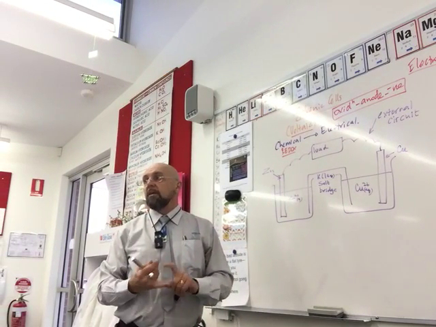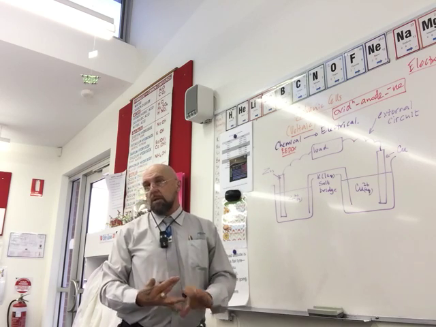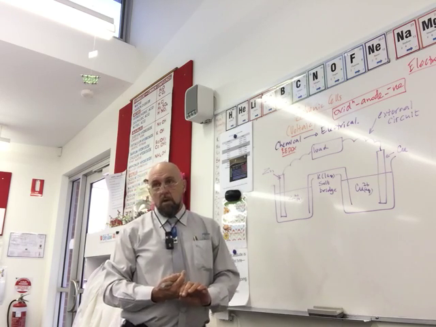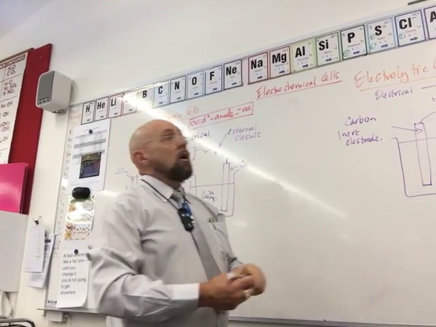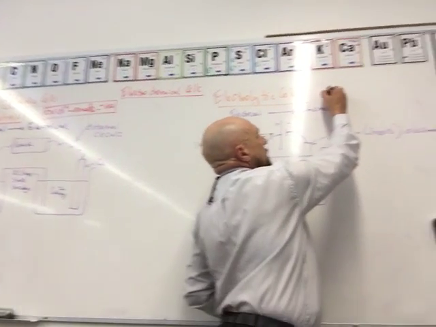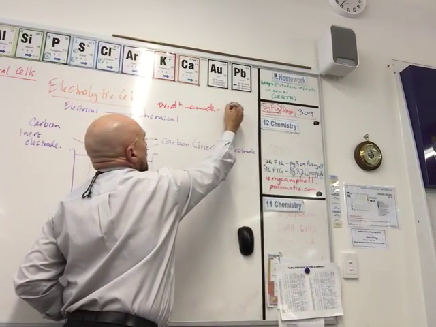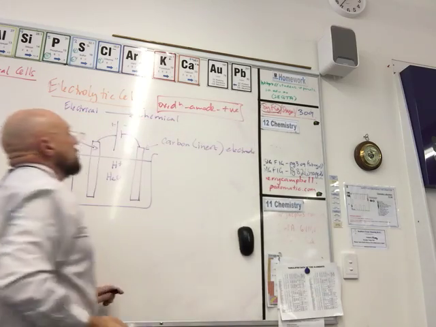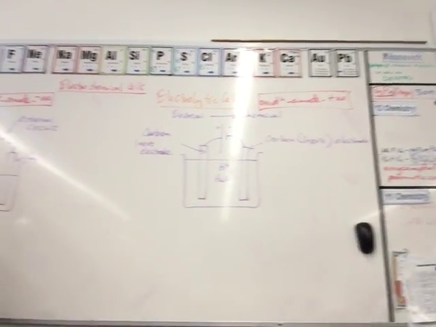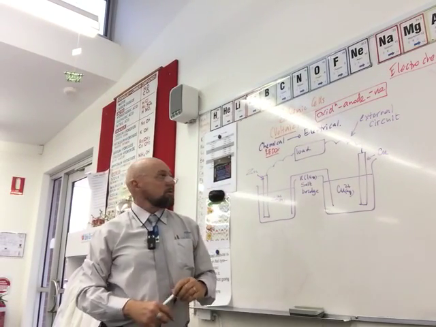So when we're doing galvanic cells, it's the first thing you have to remember: oxidation, anode, negative. When we look at electrolytic cells in more detail, you're going to remember oxidation, anode, and positive. That goes with an electrolytic cell. Okay? So they're the two things we have to associate with different cells.